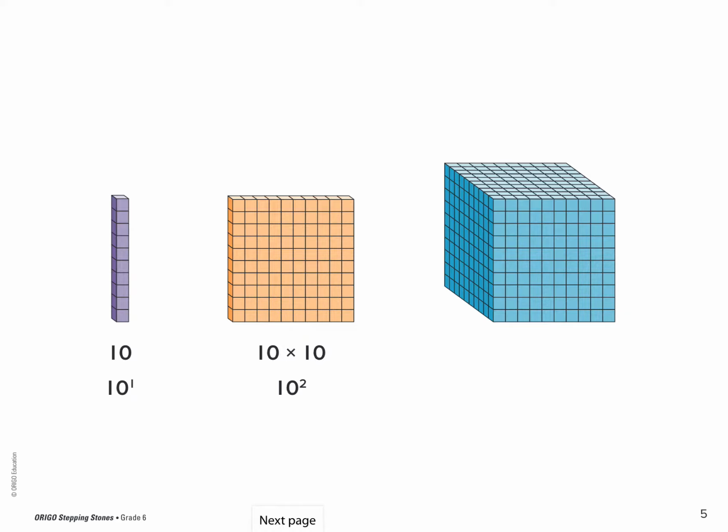What could we say about the value of this block? How many total blocks are there? Well, we see we have 10 along the bottom, there's 10 rows, and it also extends 10 blocks back.